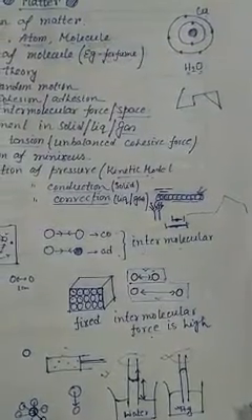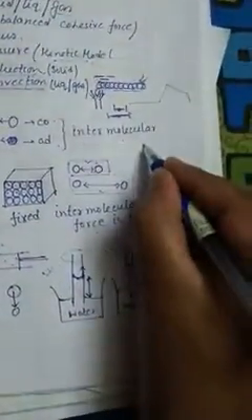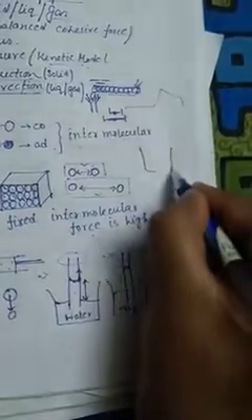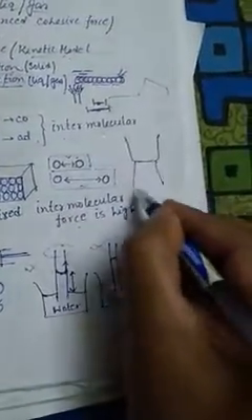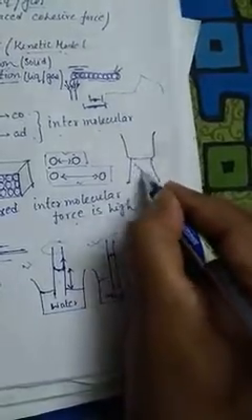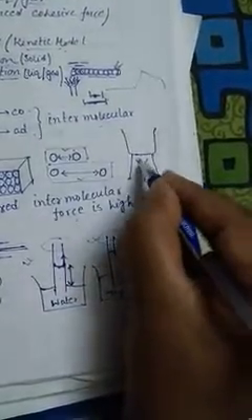Next, convection. What is convection? Convection is the same thing, a process of heat transfer, but in liquids. Let's say this is a container full of some kind of liquid, and it is kept on a burner.